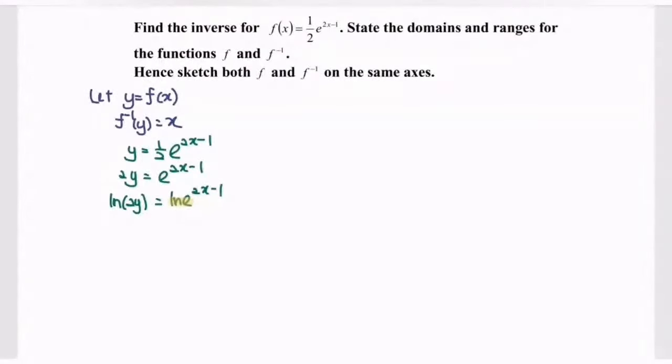And we can simplify the situation become ln bracket 2y is equals to 2x minus 1. Rearrange the situation and express the x in terms of y. So finally we have x is equals to ln bracket 2y plus 1 over 2. So as we can see, x actually is f inverse of y.